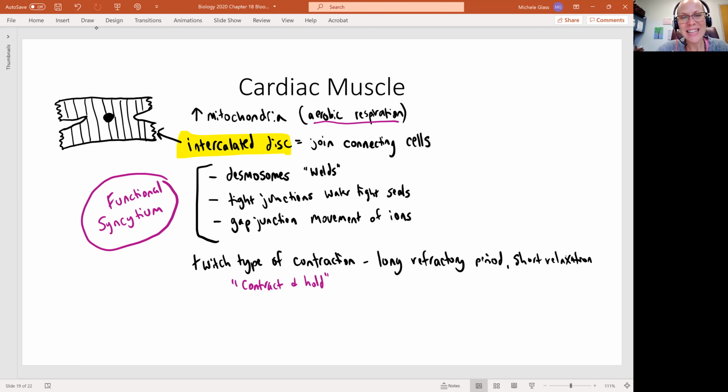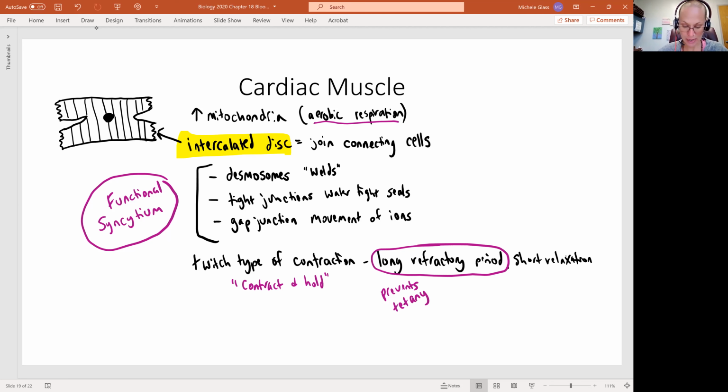So in the heart, these cells are contracting, producing this strong squeeze and hold to really effectively get that blood pumped out. This long refractory period is going to be important in actually preventing tetany, which is something that your skeletal muscle can do, but your cardiac muscle can't.